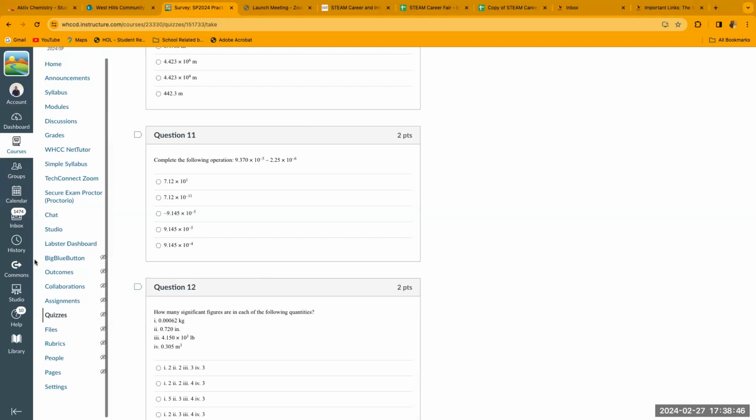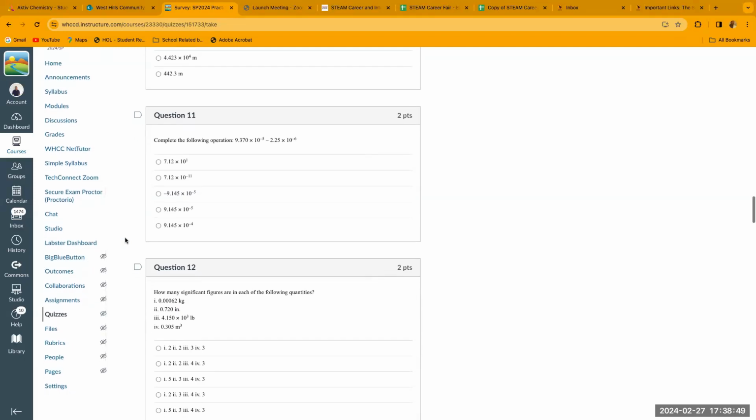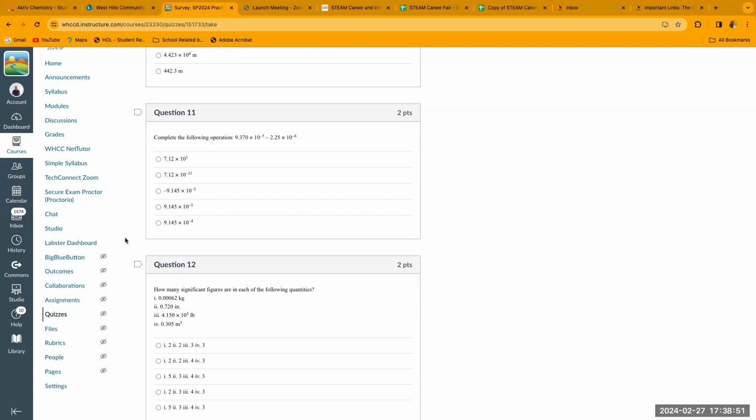Okay. So let's see. Complete the following operation. So we have 9.370 times 10 to the minus 5 minus 2.25 times 10 to the minus 6.